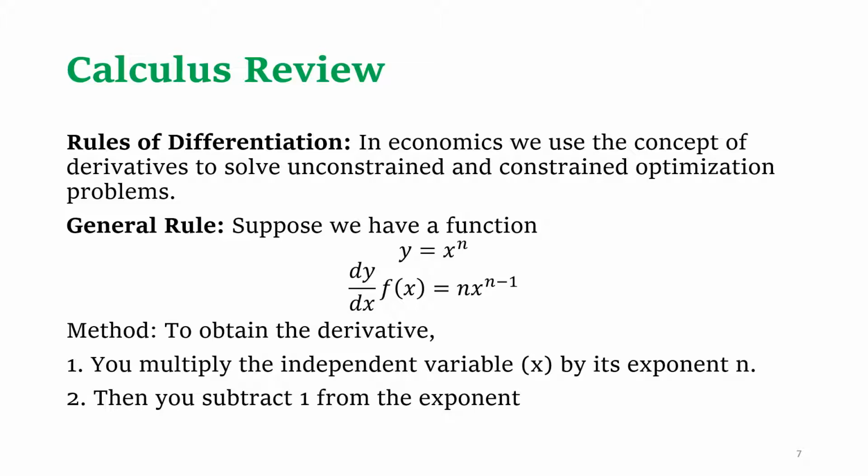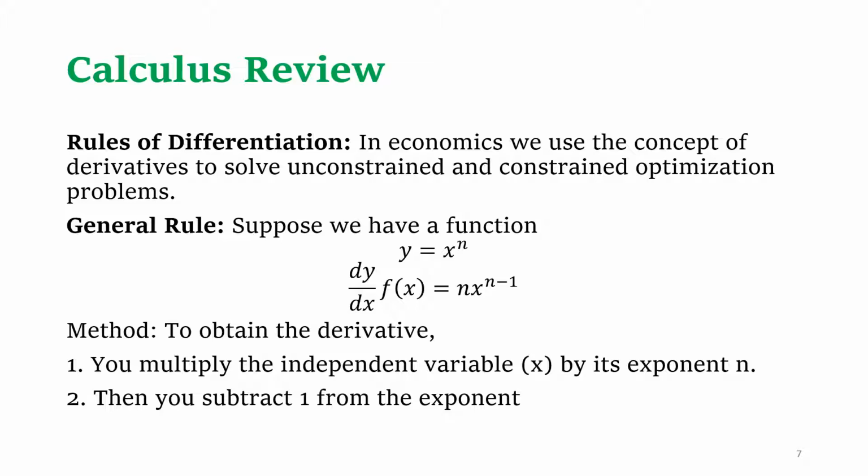But the general rule of differentiation is that the first rule says that if you have y equals x to the power n, you always have to subtract 1 from the power. After multiplying the power by the whole function, then you have to subtract 1. That is a general rule.